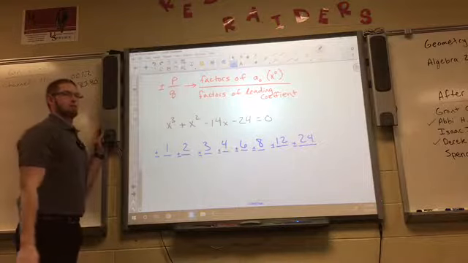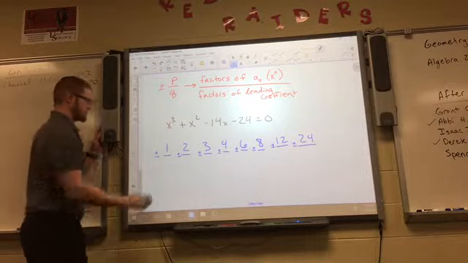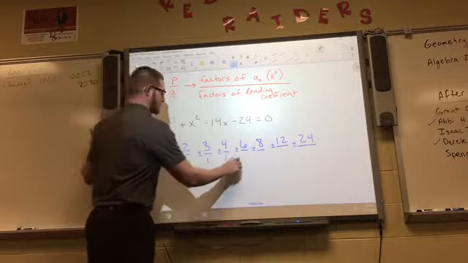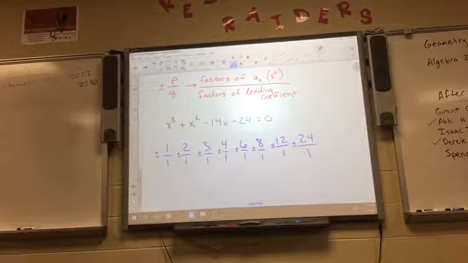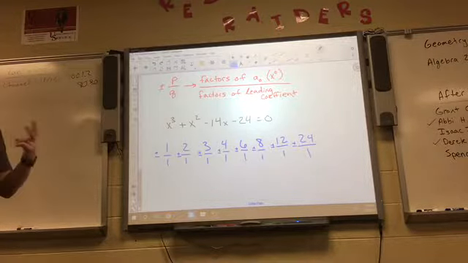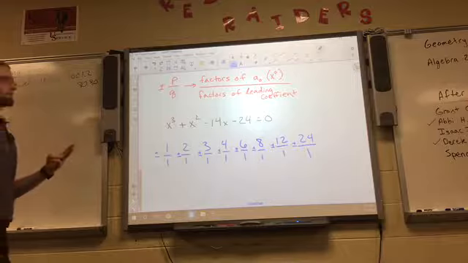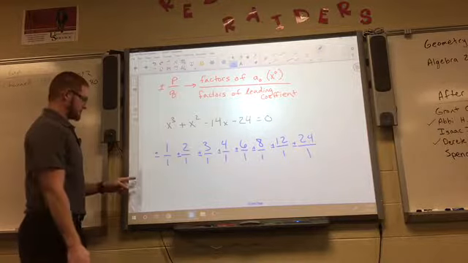Factors of the leading coefficient. Well, what is the leading coefficient? 1. That's nice, right? 1, 1, 1, 1. If you have a number that's not 1, so let's say you had a 2, then you would have the factors of 1 and 2, correct?